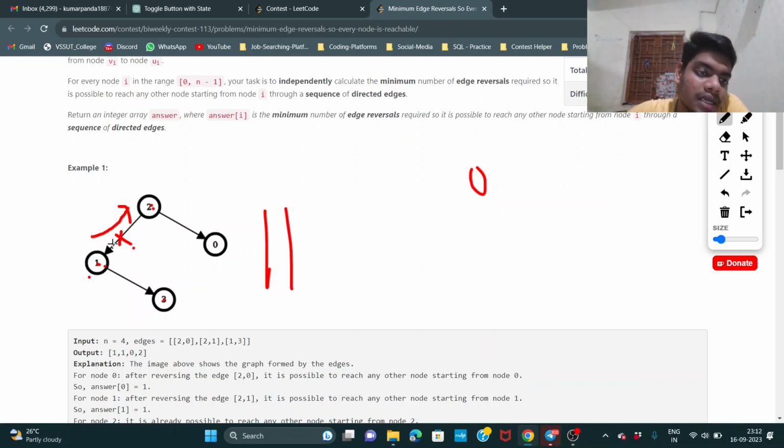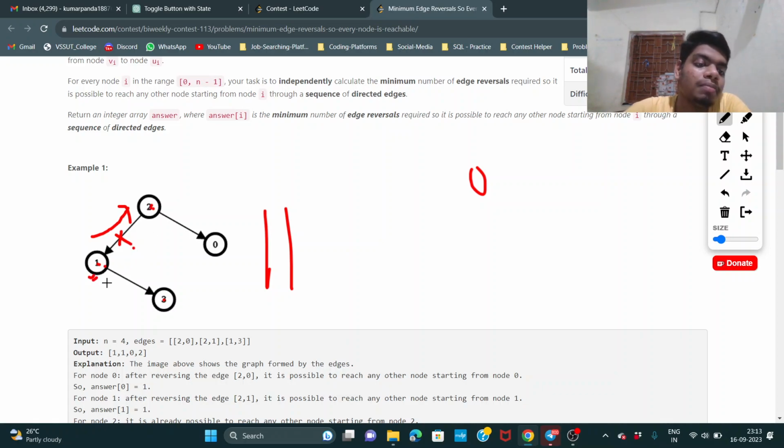But since the edge is directed towards 1, there is no need to reverse it. Similarly, just traverse from this node to every other node, and if between two nodes there is no directed edge in the right direction, then increase your answer, because we have to reverse the edge. Simple, you can solve this problem for 2.